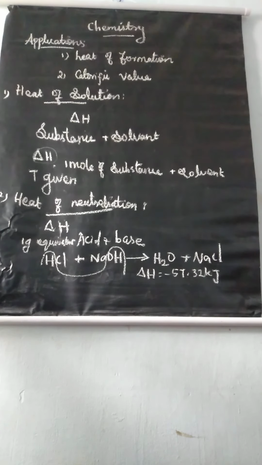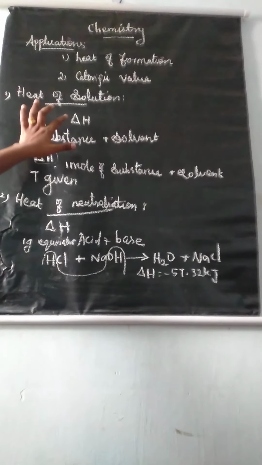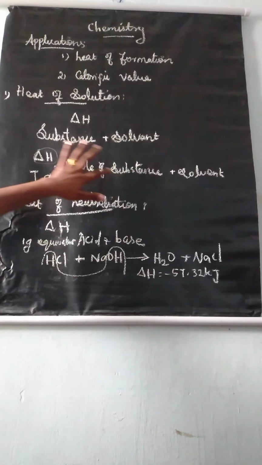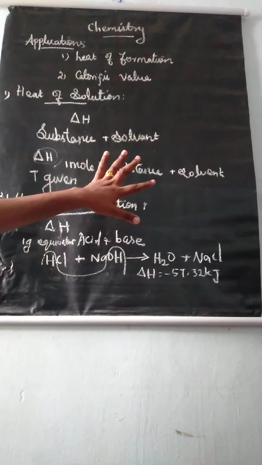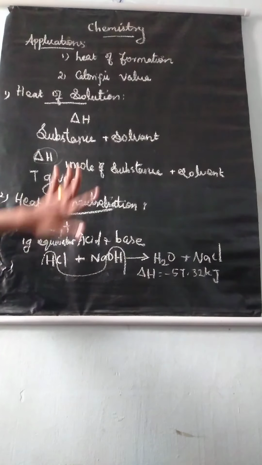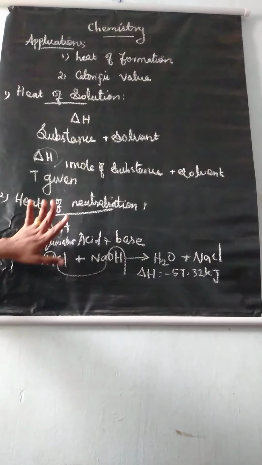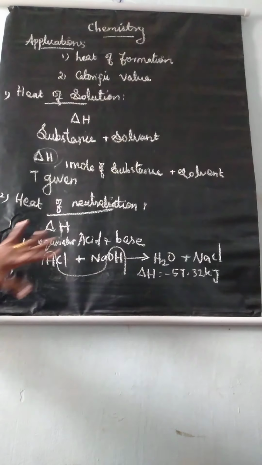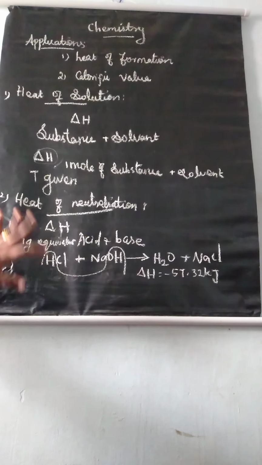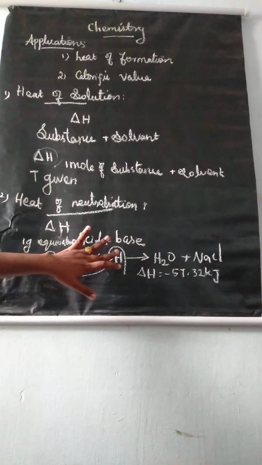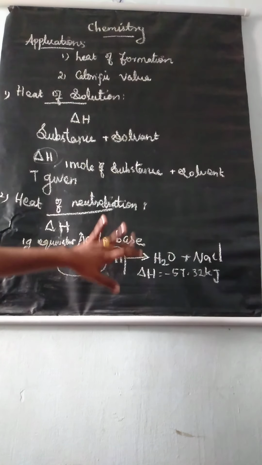Understand? So, what is meant by heat of neutralization? Heat of neutralization means change in enthalpy when 1 gram equivalent of an acid is completely neutralized by 1 gram equivalent of a base.